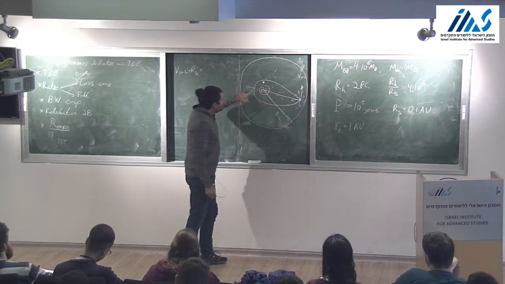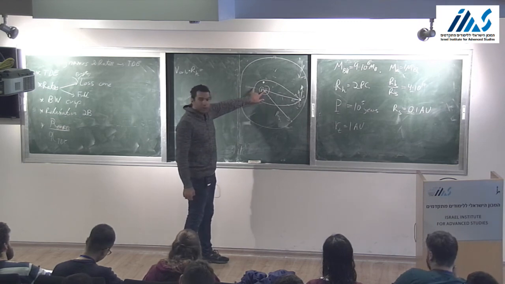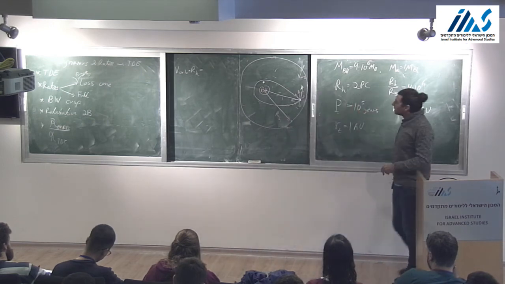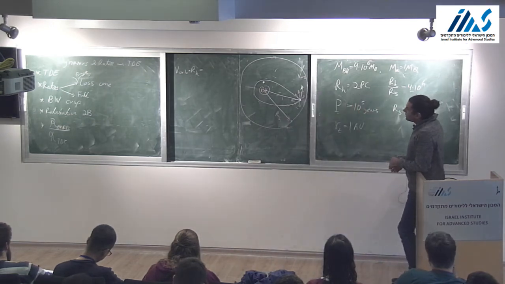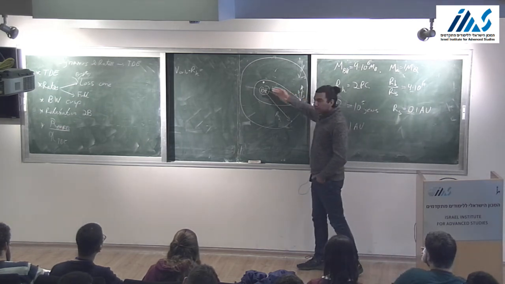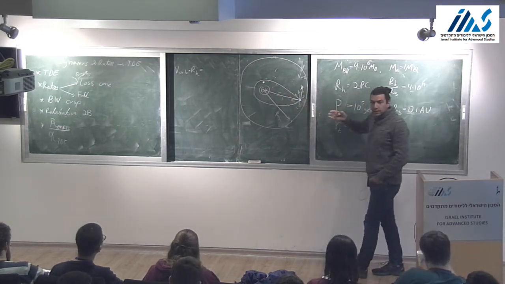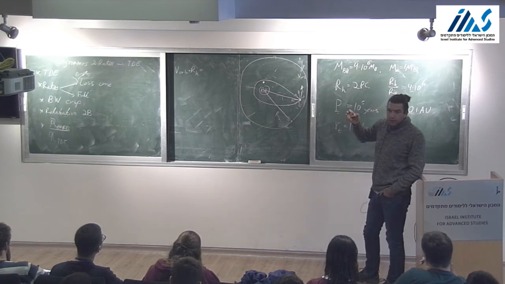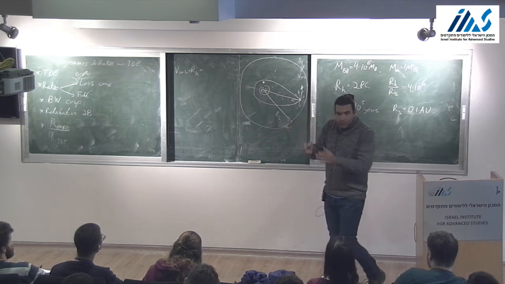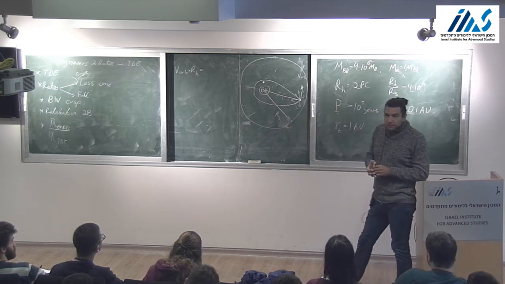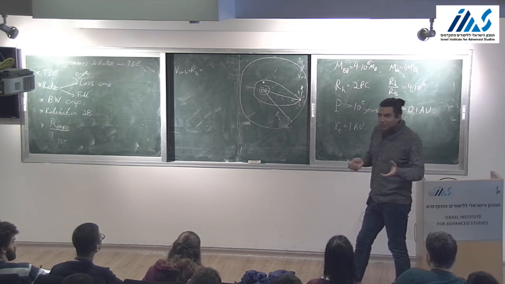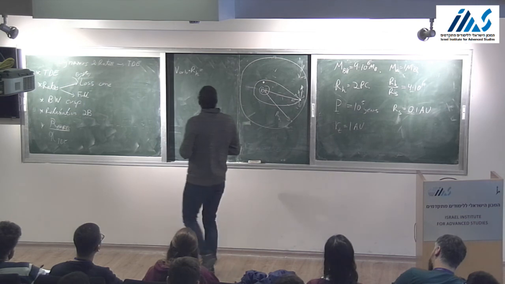What is the angular momentum that I need in order to get to this small distance? Well, I can write it differently. I know that angular momentum as a function of distance on a Keplerian orbit scales as what? How does the angular momentum of a Keplerian orbit scale with distance?